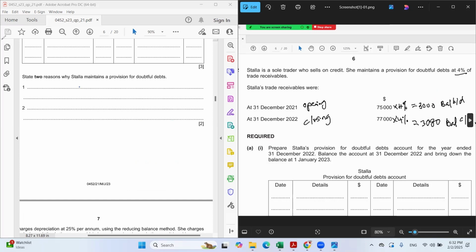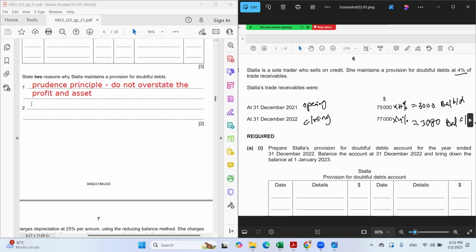So the first reason is the prudence principle, which is do not overstate the profit and asset. The asset here refers to the trade receivable.